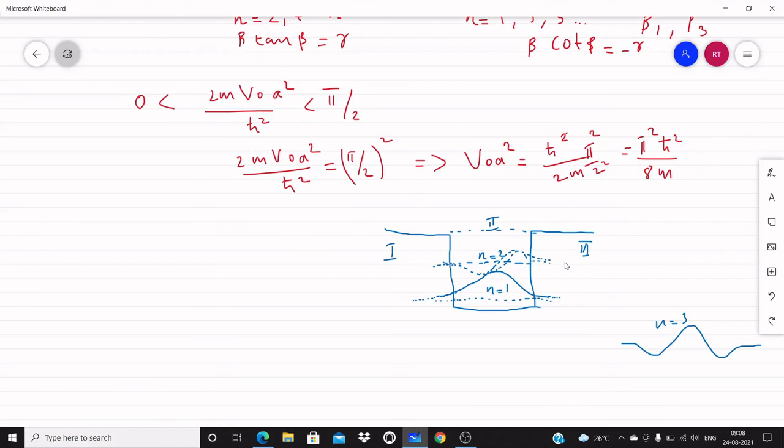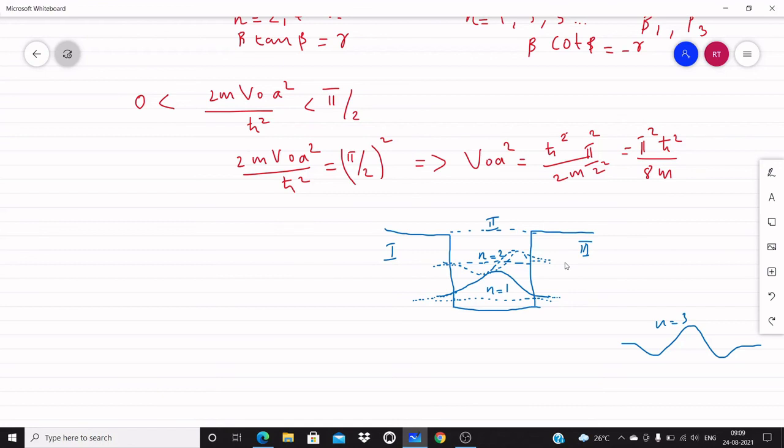And if the energy of the particle is greater than V0, the quantity alpha becomes imaginary. That means the solution to our Schrodinger equation, that is minus h cut square by 2m d square psi by dx square plus V0 psi is equal to E psi, will be sinusoidal in 1 and 3. If the wave function is sinusoidal, that means there is a possibility of the particle extending across 1, 2 and 3.